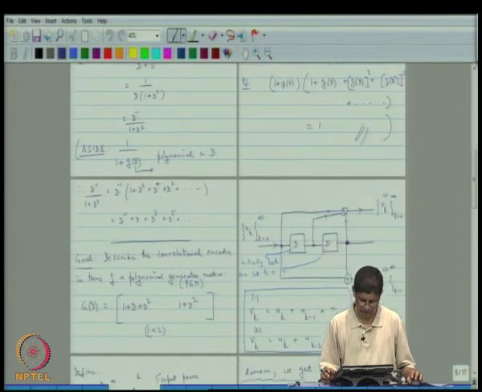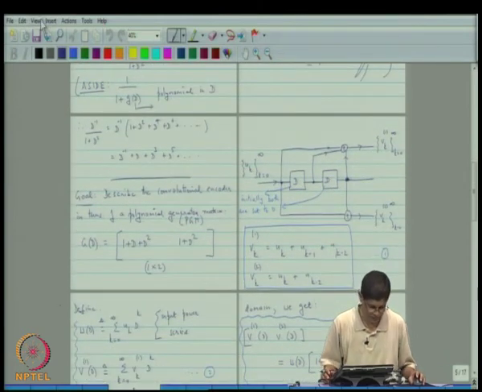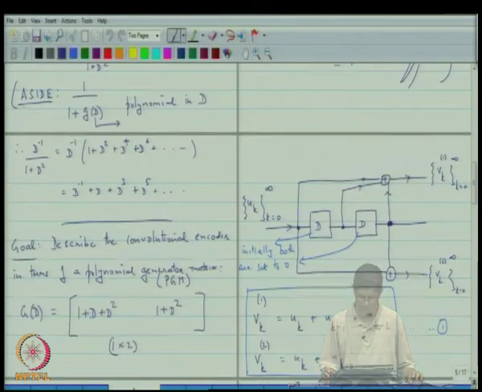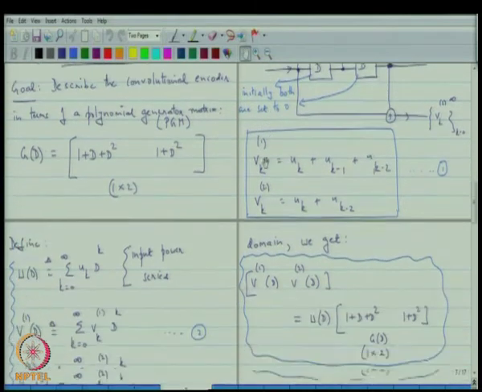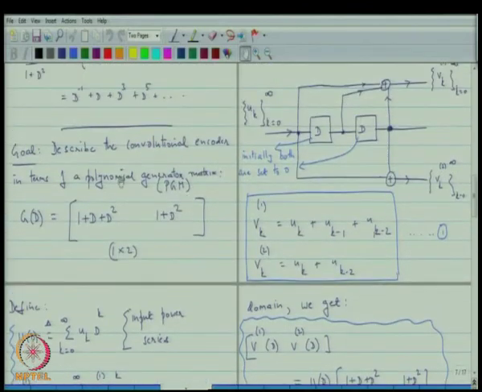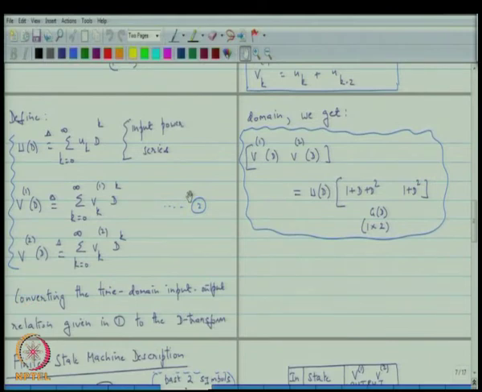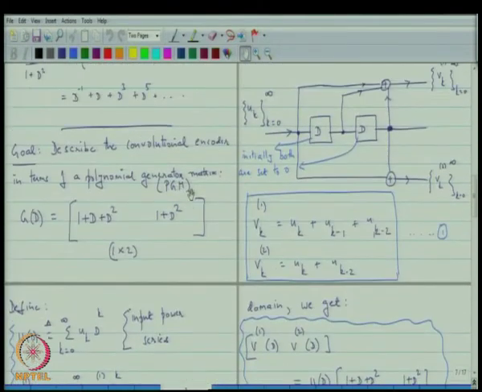On the left is a polynomial description of an encoder, which we called our polynomial generator matrix, and the input output relationship is in terms of power series.